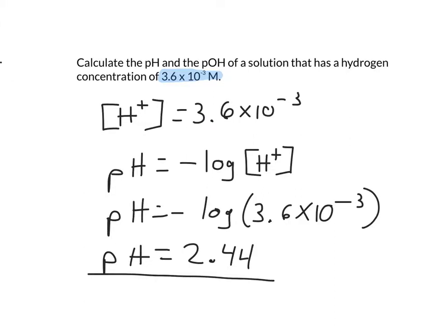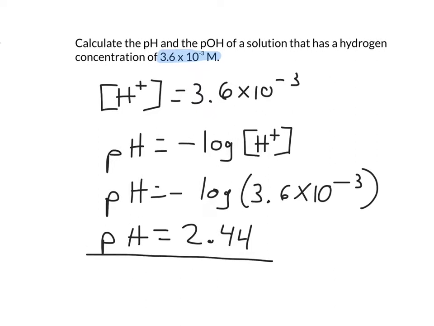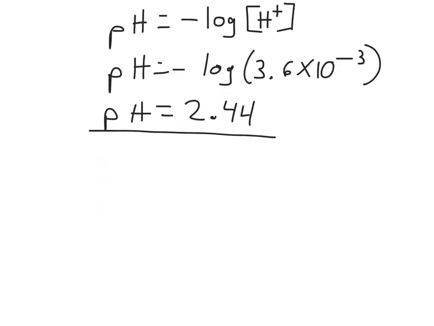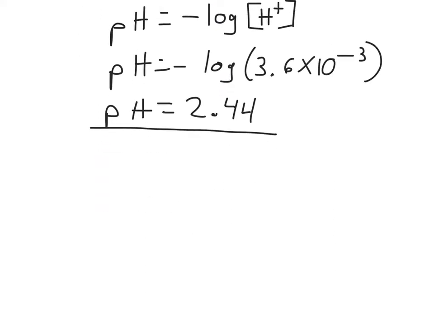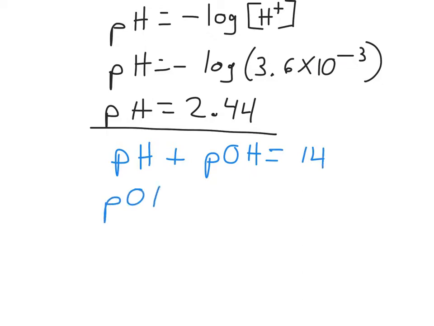Now once you already have the pH, to obtain the pOH is kind of easy, because there is a rule that says that pH plus pOH is equal to 14. So we can solve for the pOH and we will obtain that it is 14 minus the pH.